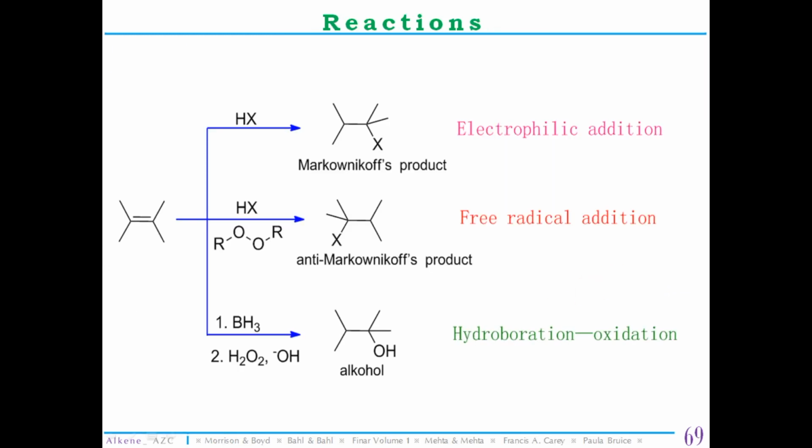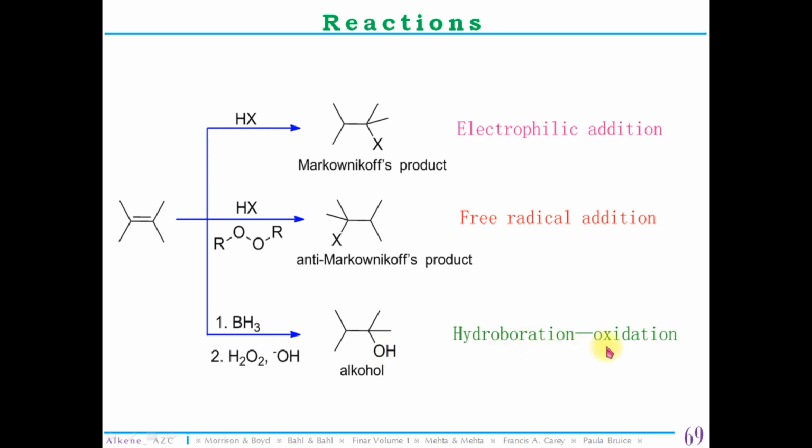Now it's time to see the reactions of alkenes. We have many named reactions of alkenes: electrophilic addition, addition of hydrogen halide, and free radical addition where hydrogen halide is reacted with alkene in the presence of peroxide, giving the anti-Markovnikov product.